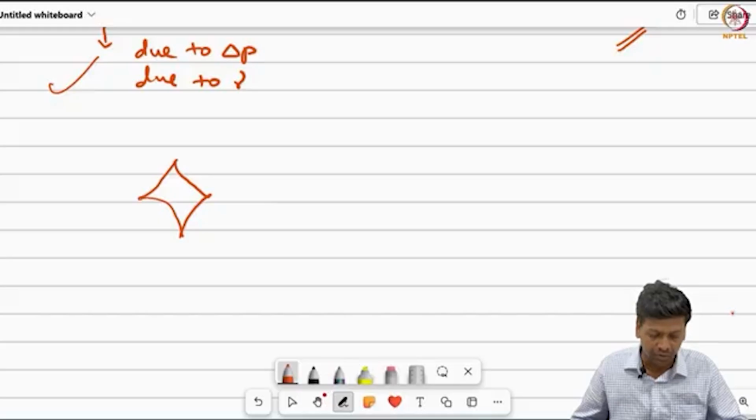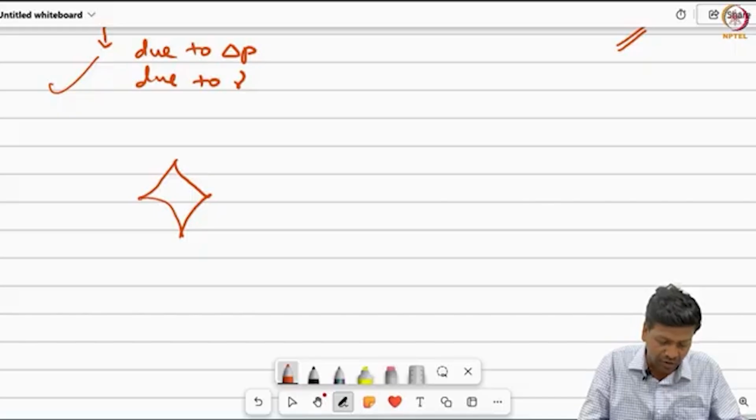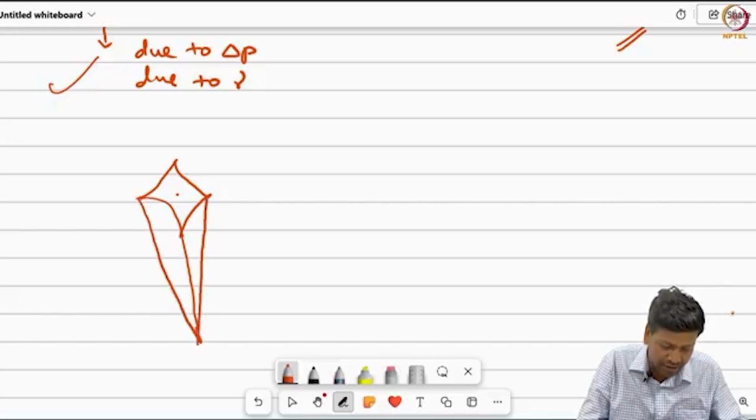So for that, we can take a curvature which has got two primary axes. With respect to the center of the axis, one would get two primary axes, right? Okay, so this we will take for an example.